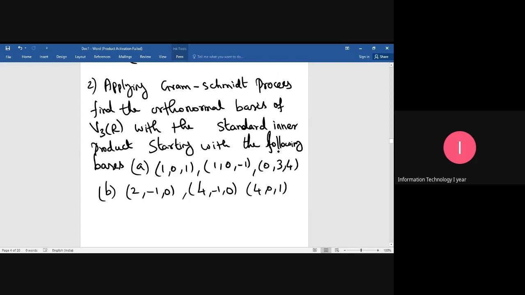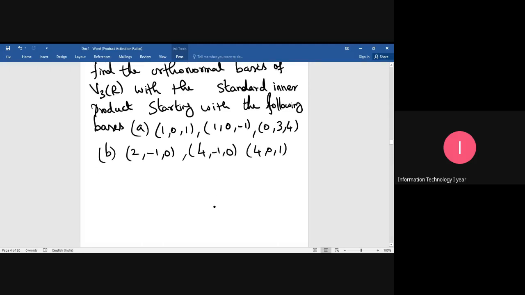So check the vectors once again. Using the Gram-Schmidt orthogonalization process, find the orthonormal basis.